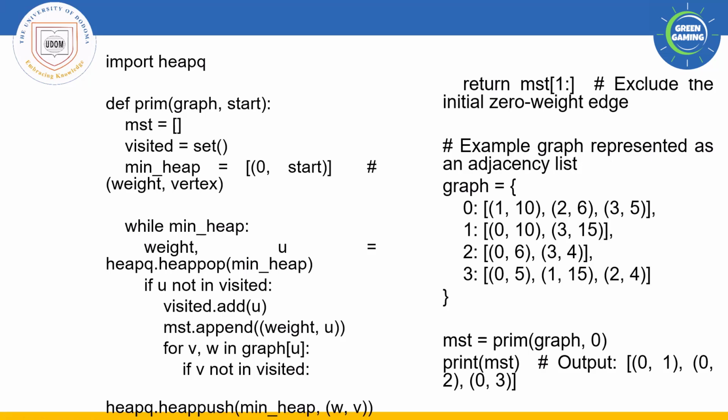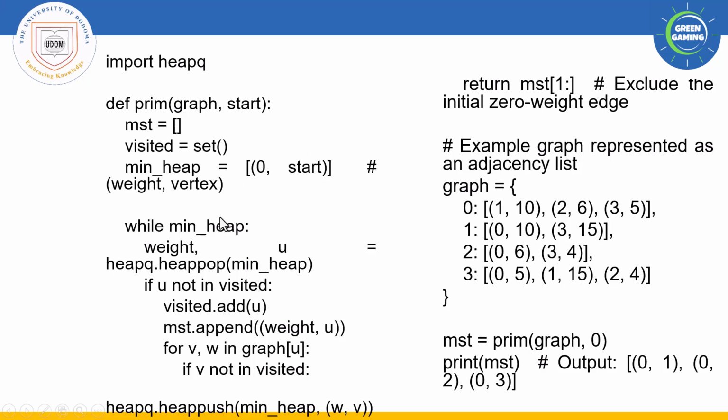Visited is a set to keep track of which vertices have been included in the MST. And the minimum heap is a priority queue, which is initialized with the starting vertex and a weight of 0, meaning we start from where there is no cost, right? So as you see, the minimum heap has 0 and start, meaning the starting vertex and a weight of what? A weight of 0.